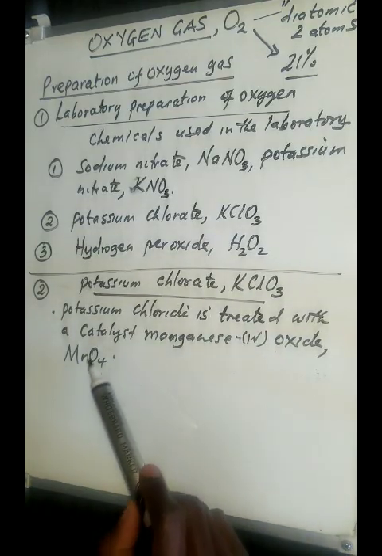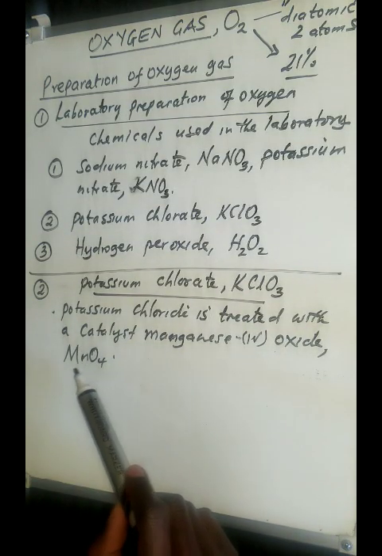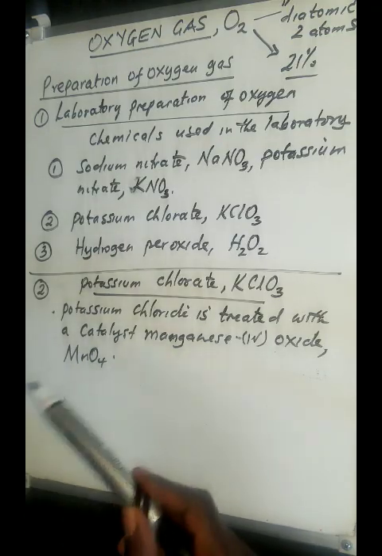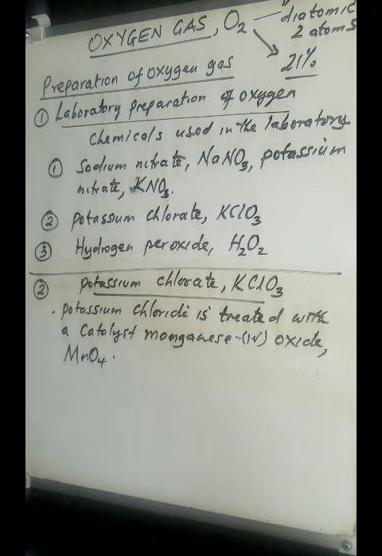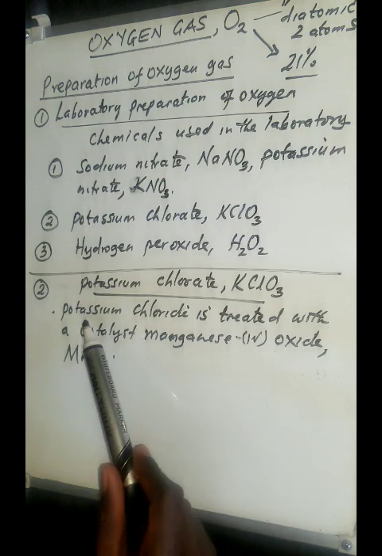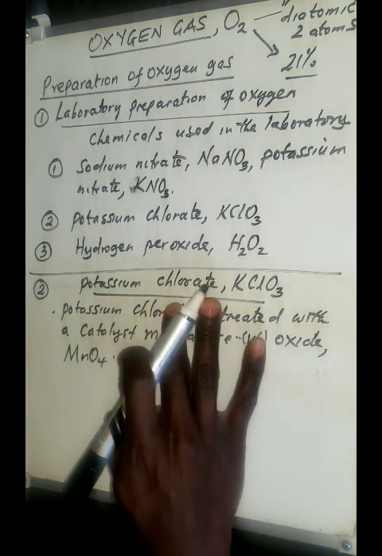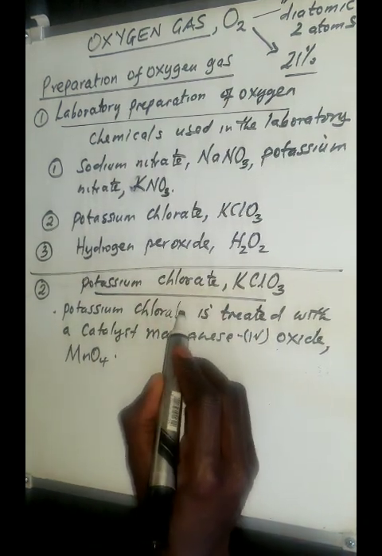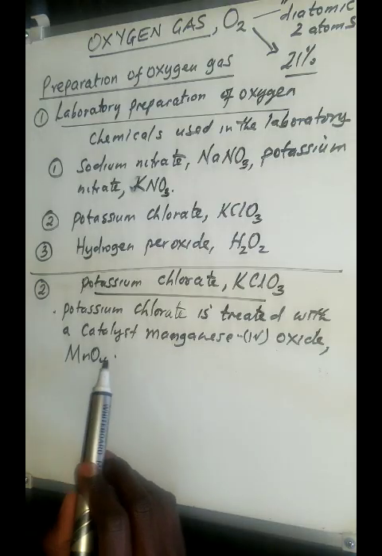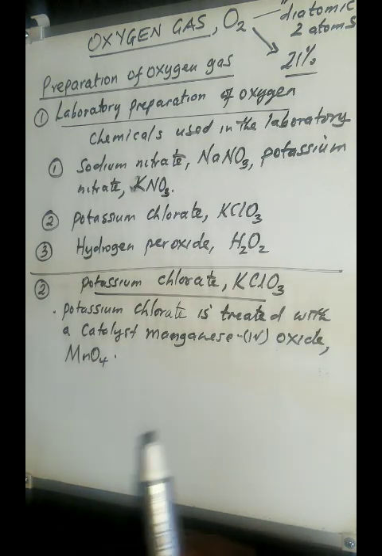Remember, the manganese 4 oxide acts as a catalyst, helping to decompose the potassium chlorate into potassium chloride and oxygen.